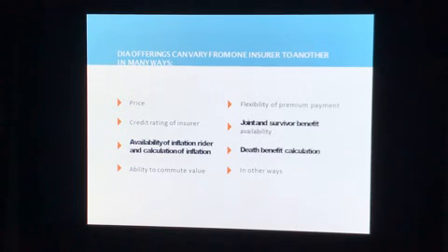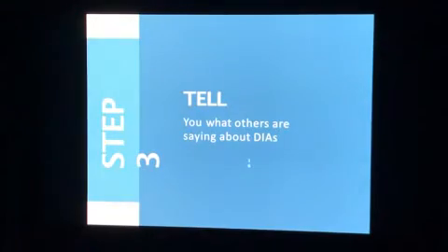We can differentiate their policies based upon the prices, credit ratings, the availability of inflation rider and calculation of inflation, and the ability to accumulate and commute value. We can also differentiate them based upon the flexibility of premium payments, the availability of joint and survivor's benefit, death benefit calculations, and in so many other ways.